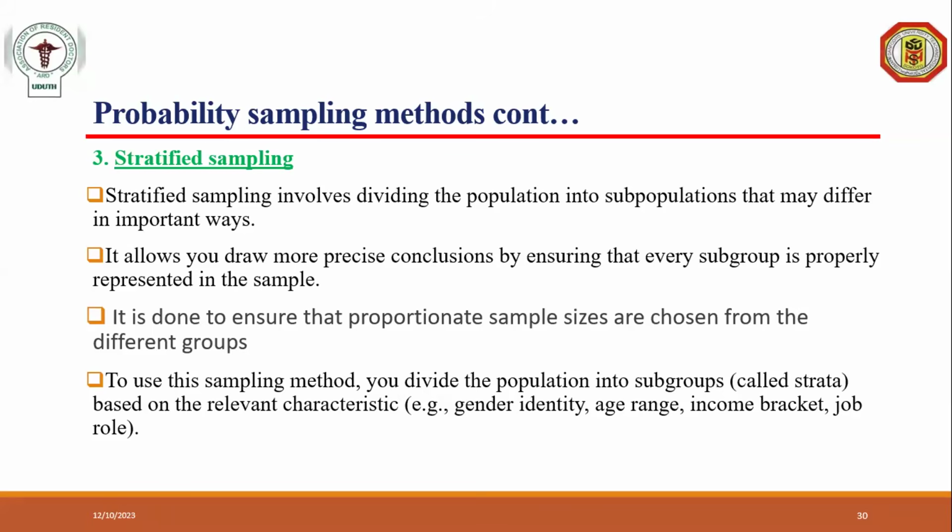Then from there, go to nurses. Nurses, they are 200. And still you want to give them their own quota. How do you go about it?